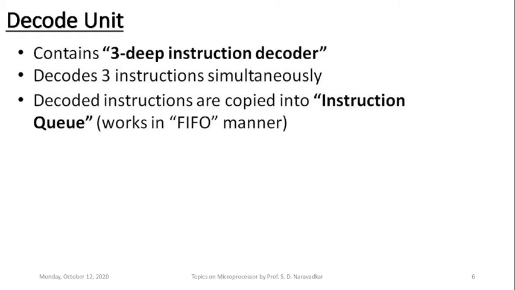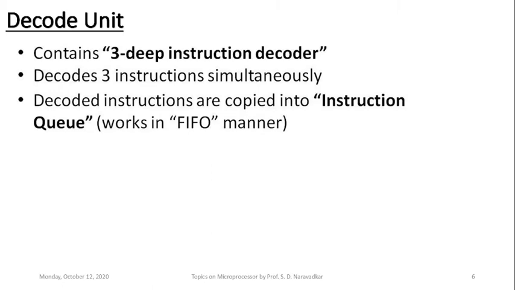The next point is that decoded instructions are copied into the instruction queue, which works in a FIFO manner. All the decoded instructions will be copied to the instruction queue, which is an integral part of the decode unit itself.